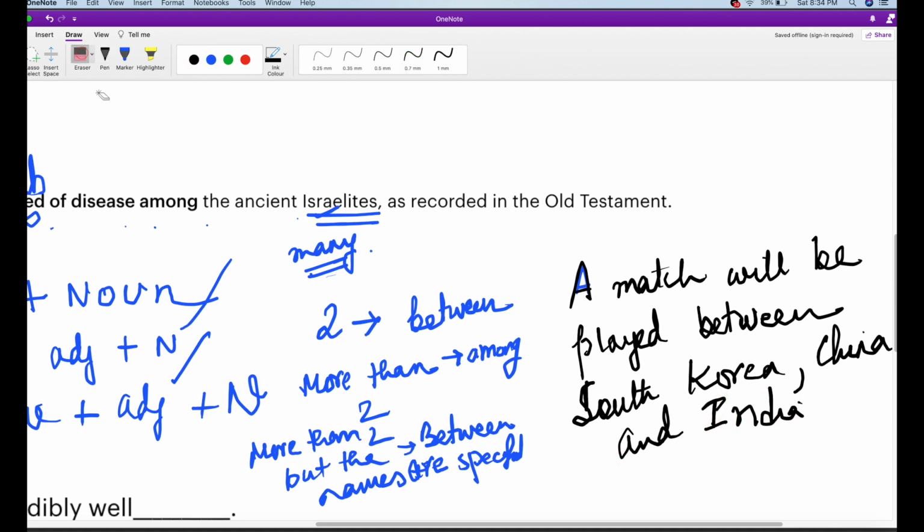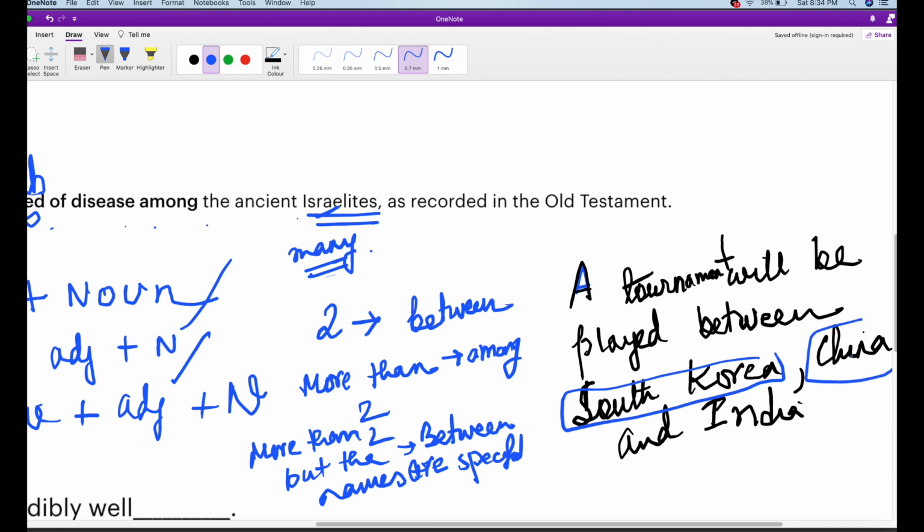Not match, make it a tournament. Here we have more than two countries: South Korea, China, India, three countries, but we are using "between". Why? Because the names are specified.